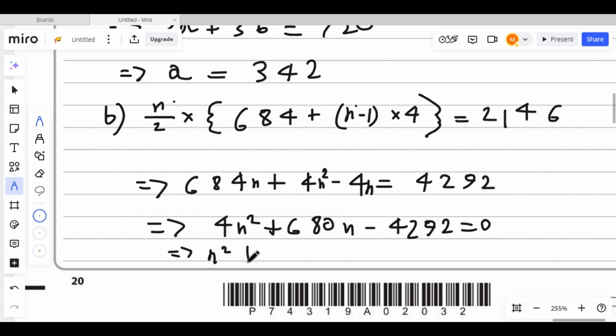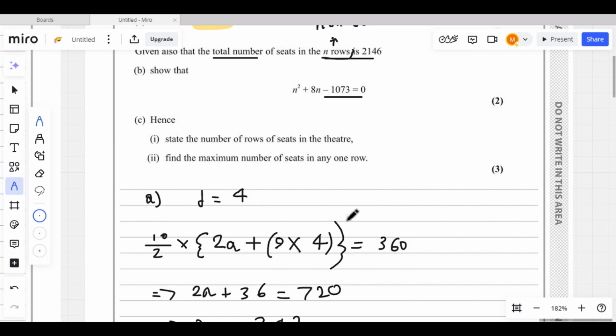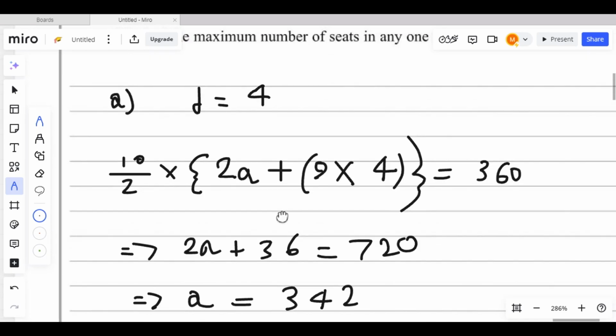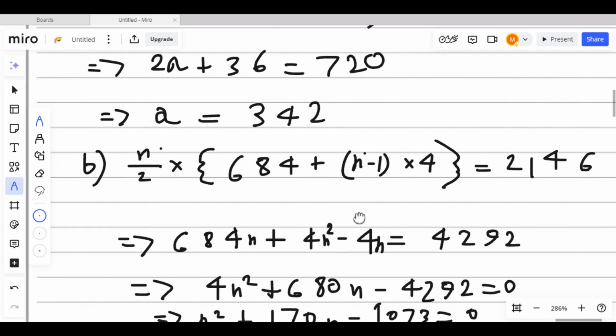So n squared plus 680 over 4 is 170, n minus 4292 over 4, this is 1073, equals what? 0. But they wanted 8n.